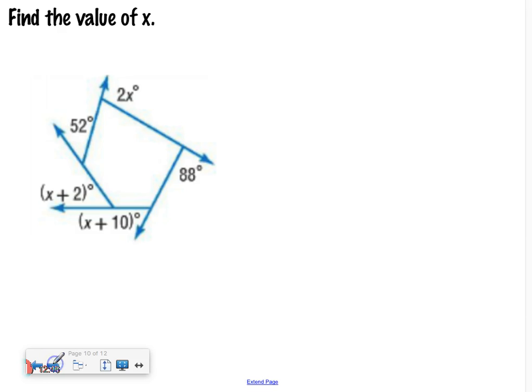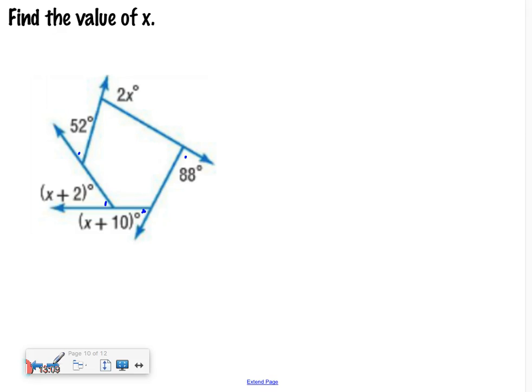So, knowing that, how can we find the value of x here? What do we have to do? First, find those exterior angles. They're all on the exterior part of that pentagon.